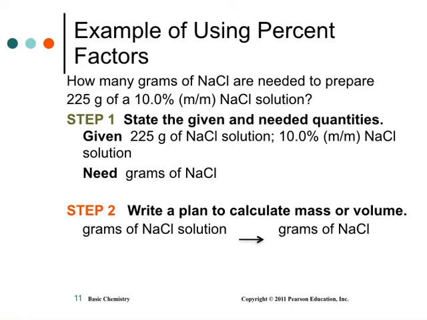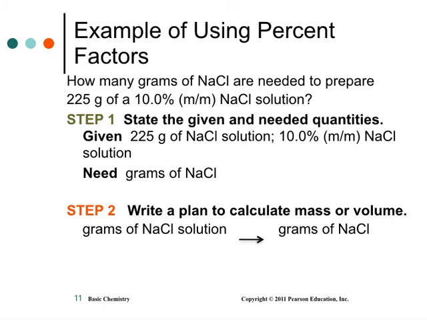It means grams of solute over total grams of solution equals 0.1. If you express 0.1 as a percentage, you'll get 10%. If you want to go backwards from percent to decimal, you divide by 100, which is moving the decimal 2 places to the left, and you end up with 0.1.